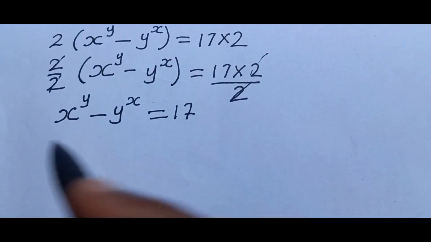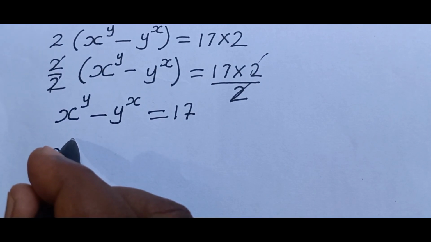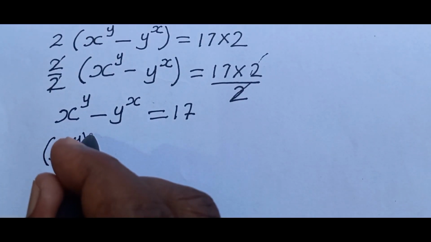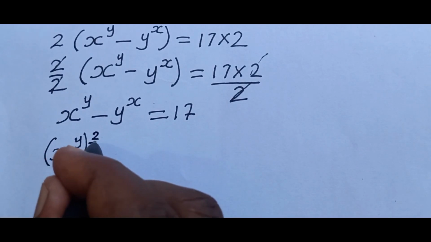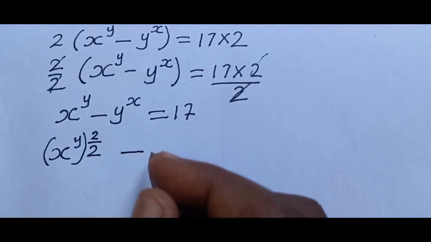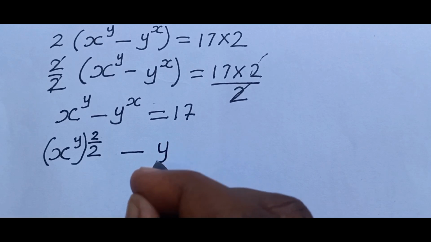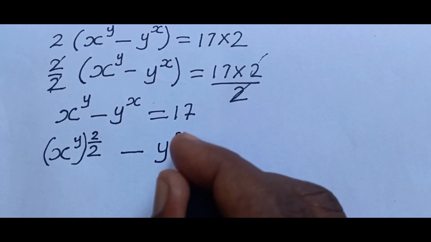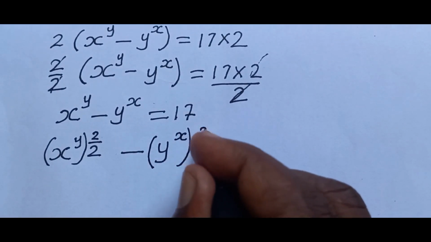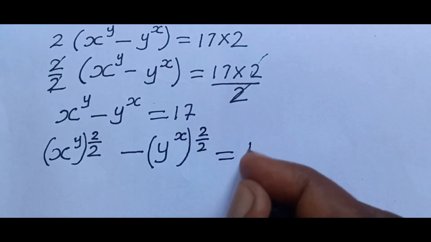What we can do here is to raise x raised to power y in the bracket again, raised to power 2 over 2, minus, the same applies to here, y raised to power x in the bracket raised to 2 over 2 equals to 17.